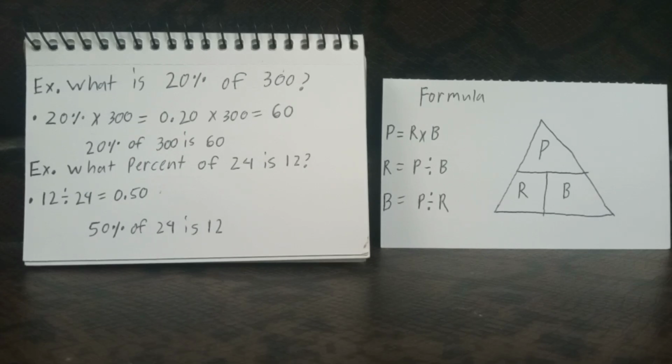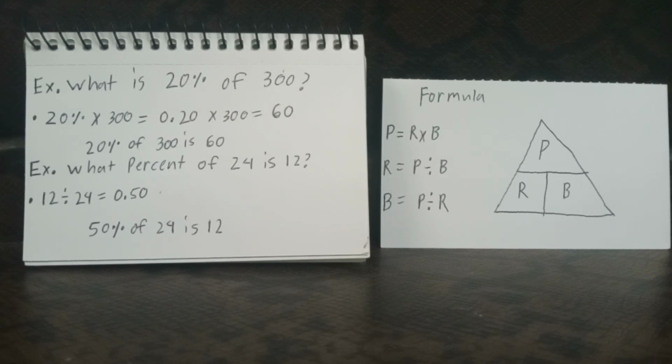To find the percentage, we can use the help of our formula. We have to multiply the rate by the base. So we have to multiply 20% by 300. So 0.20 times 300 will give us 60. So 20% of 300 is 60. That will be our final answer.